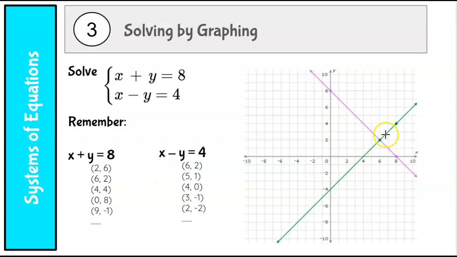And so the solution to this system is where they intersect, where they cross. If these are all the solutions to x plus y equals 8, and these are all the solutions to x minus y equals 4, then where they overlap is the solution that's going to work in both. And you can see that's (6, 2). So when you solve something by graphing, you want to graph it and find where they intersect.